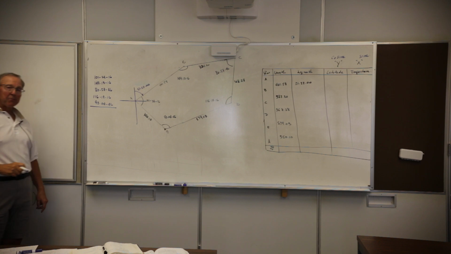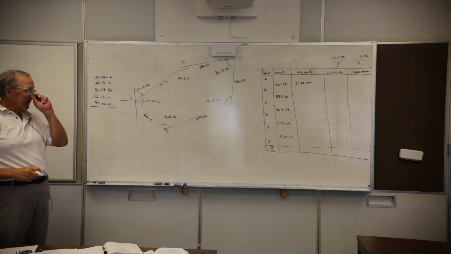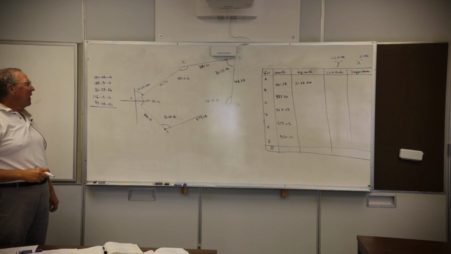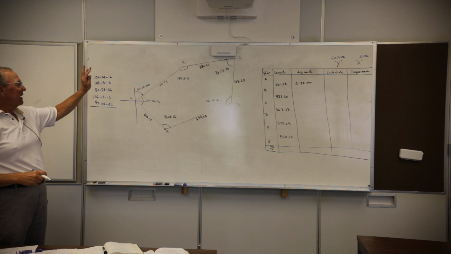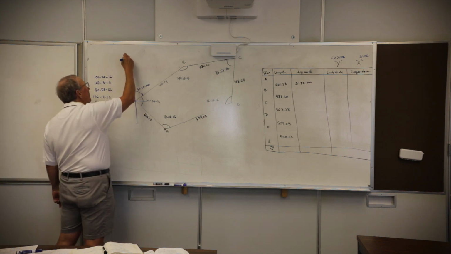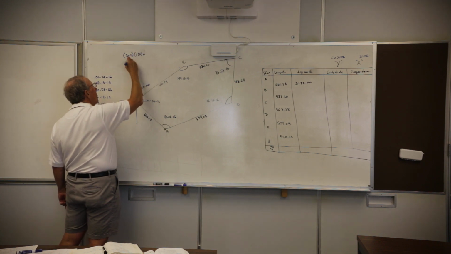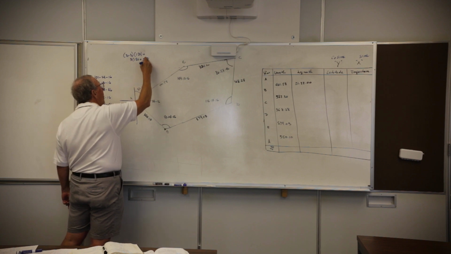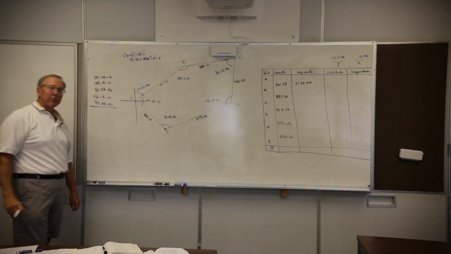Okay, if these add up to the right number, I'm okay. If they don't, I've got to make adjustments, and I'm going to show you how to do that. I've got AB, BC, CD, DE, a five-sided figure. So my math tells me that if this thing is done properly, I should have 540 degrees.